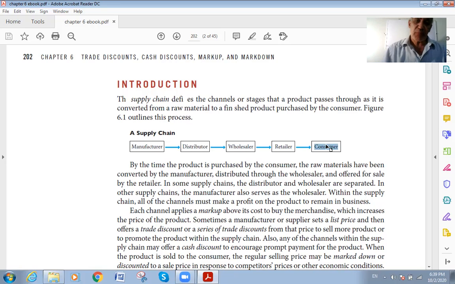So manufacturer to distributor to wholesaler to retailer to consumer. The arrows here show there is a transaction.